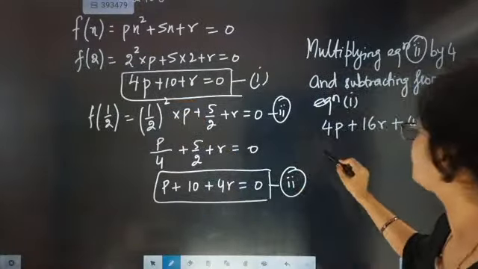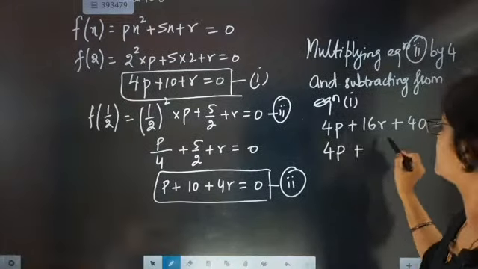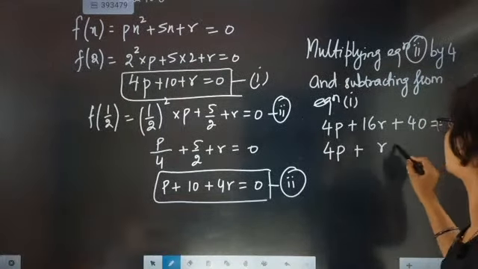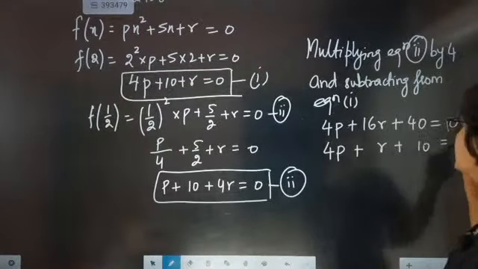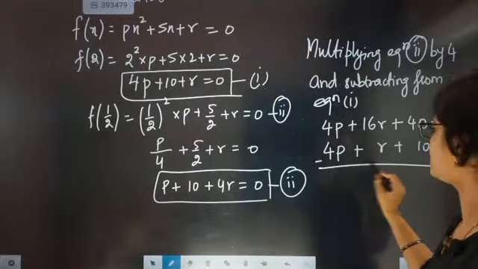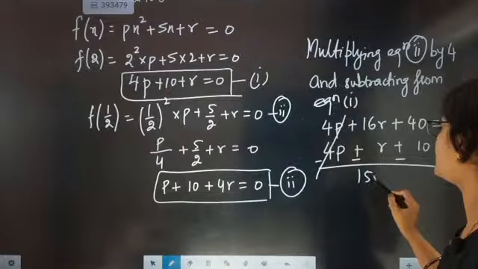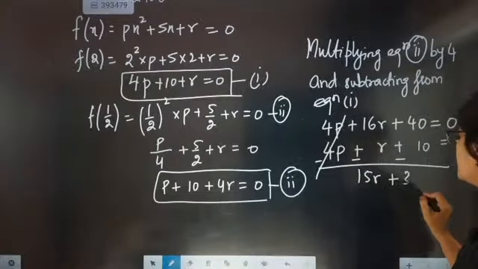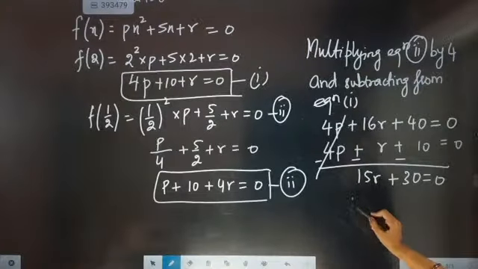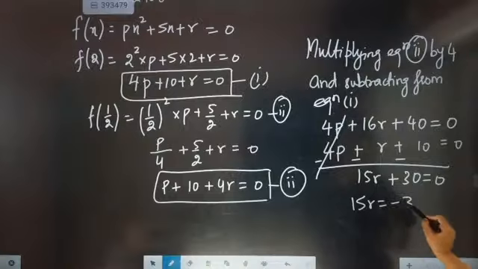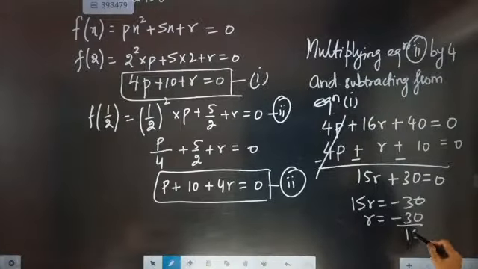Here it will become 4p plus r plus 10 equal to 0. Minus, minus, minus cancel. 16 minus r will become 15r plus 30 equal to 0. So 15r equal to minus 30. So r will be coming as minus 30 by 15. So r is coming as minus 2.